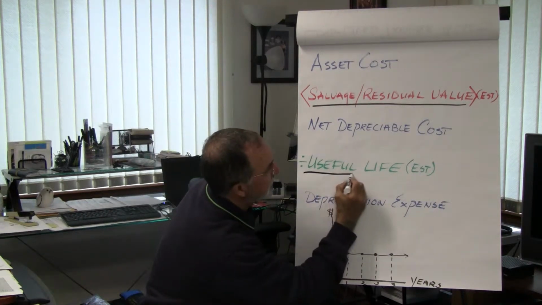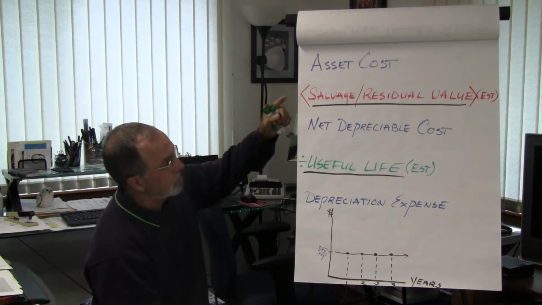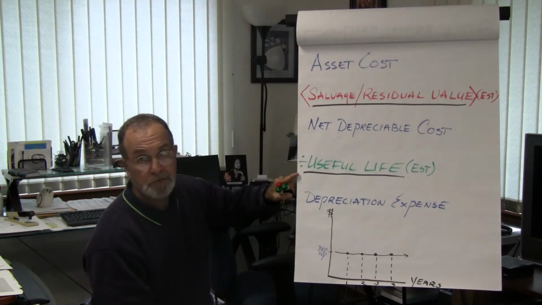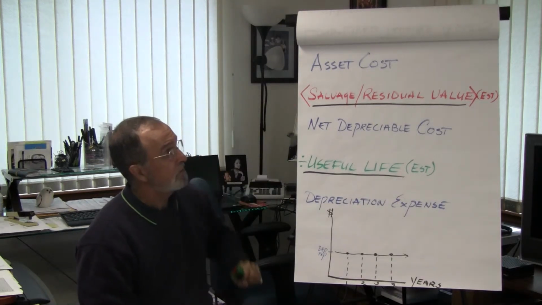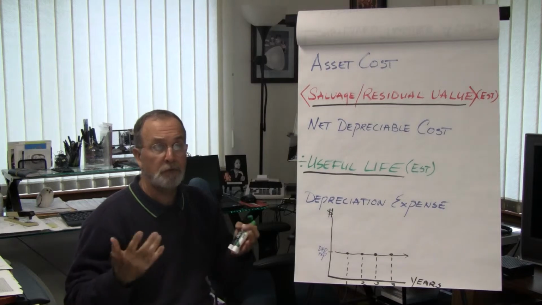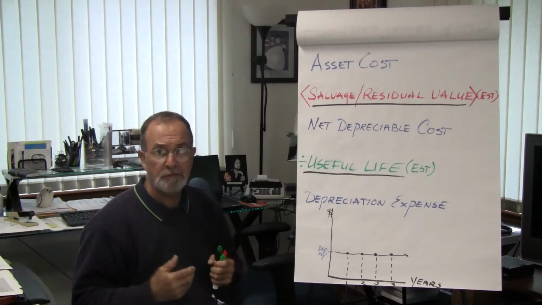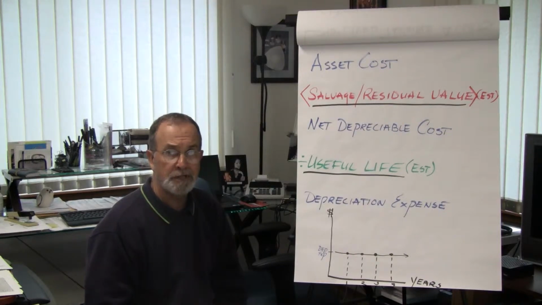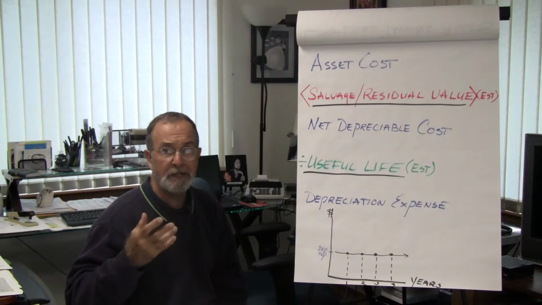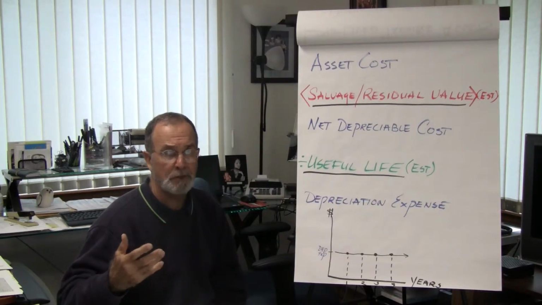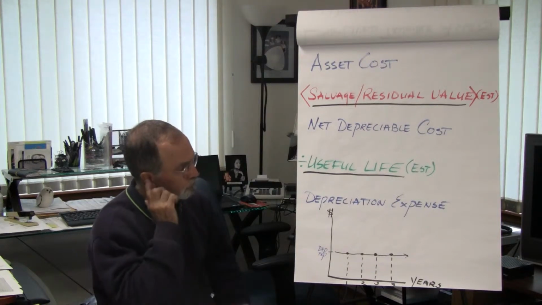And just as residual value or salvage value is an estimate, so is our useful life. And again, the same factors apply as for salvage value. The more we use a particular type of asset and the more experience we develop with the various assets that we use, we can refine our estimates to make them more and more accurate over time.